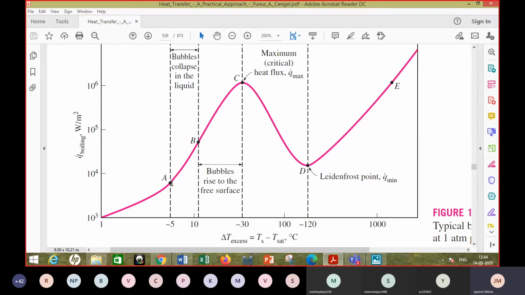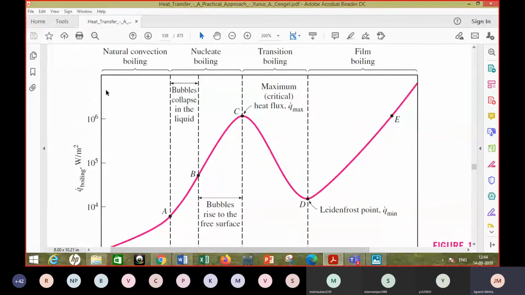Here also it's a log scale, because here you can see 10 raised to 3, 10 raised to 4, 5, and so on. Okay, so this is natural convection boiling, right? So there is hardly any bubble formed, but rather water gets heated up and hot water rises up and gives heat to the cold water, and cold water moves down. So that phenomena is predominant.